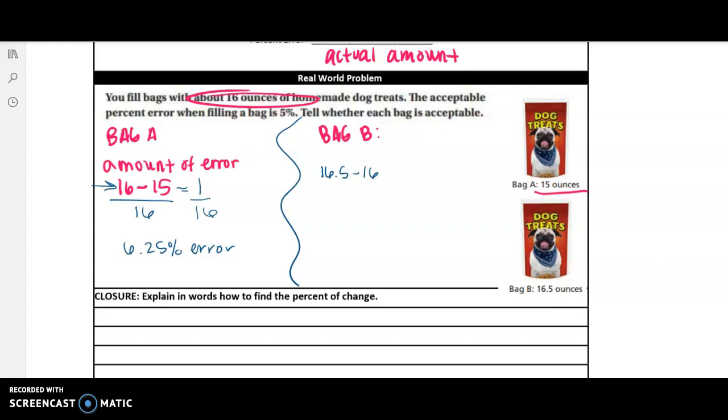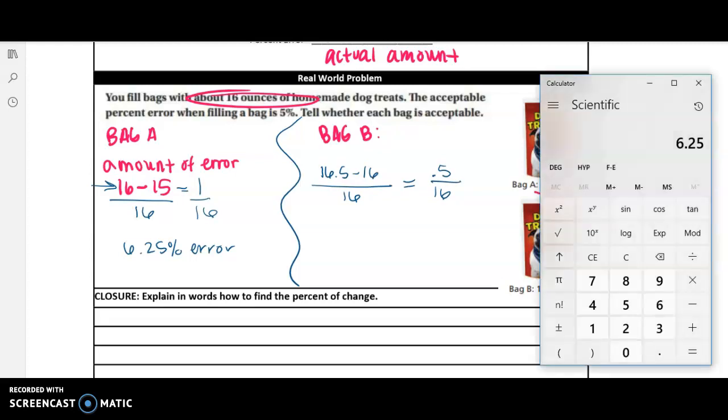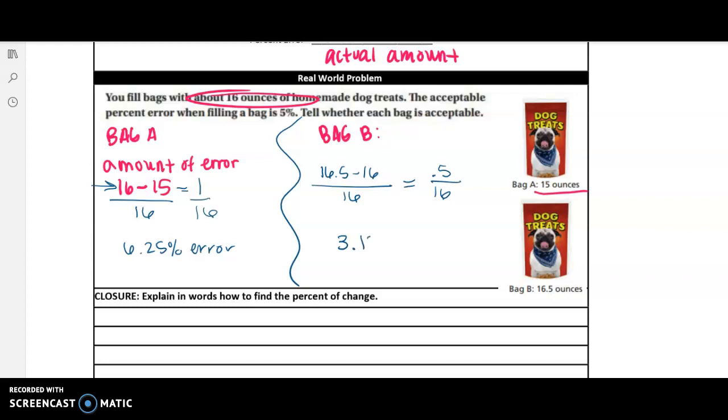You just always take the big number minus the small number, divided by our actual amount that should be in the bag. And so we have 0.5 over 16 times 100. So we have 3.125% of error.